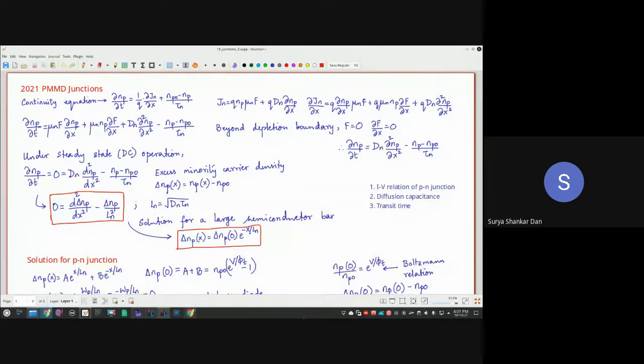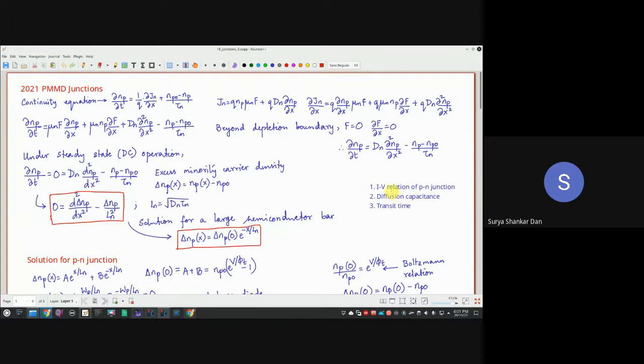So today what we will do is basically develop the IV relationship of the PN junction, and in the process later on we are going to extend this for the situation for high frequency analysis. That's essentially for the diffusion capacitance.